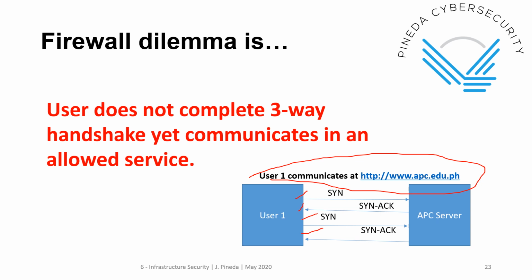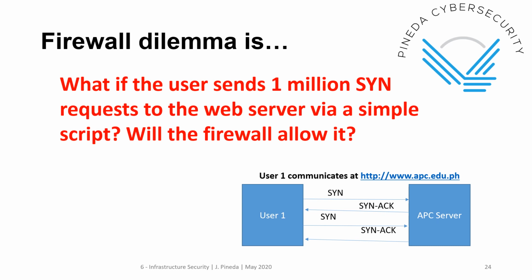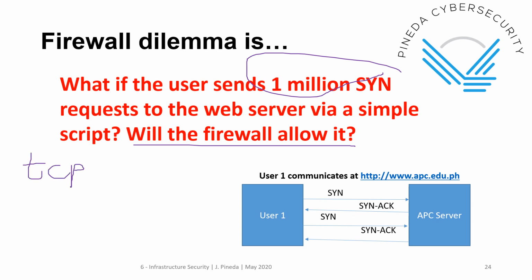But if there's no ACK, and if I send another SYN, the target will reply SYN ACK. And the problem with this is that if the user sends, and I have to emphasize this, although this is theoretical, 1 million SYN requests to the web server using a script, will the firewall, if you're using a packet filtering firewall, allow it? So the answer is yes, because it says in the rule permit TCP/80 any.